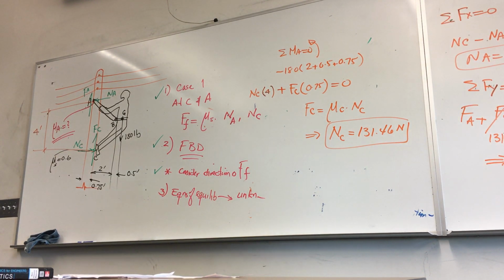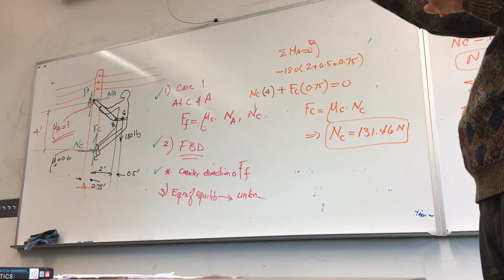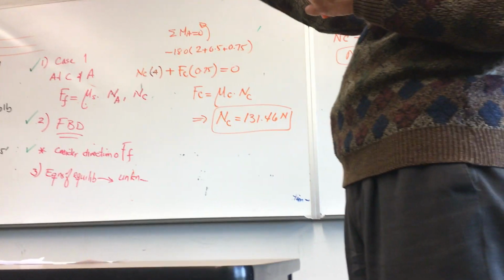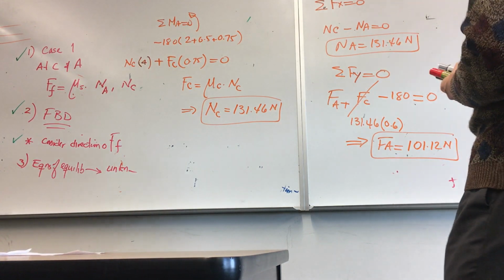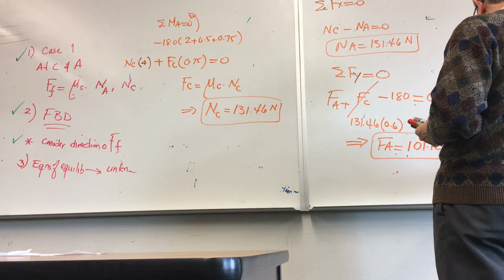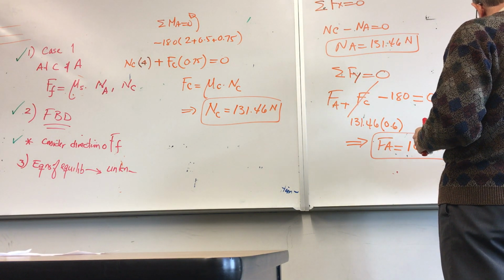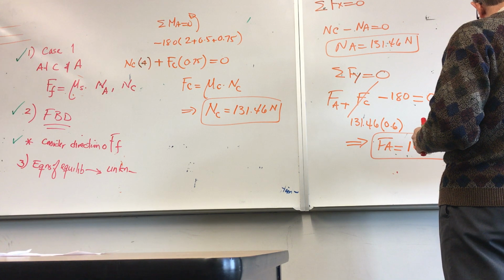101.12. You do not want slippage to take place. That means that force is a maximum static friction force. So this should be equal to mu at A, which is what you would want to find, times N A, which is 131.46.